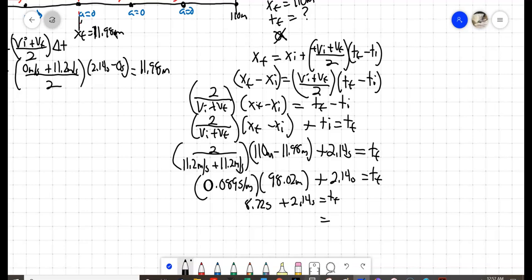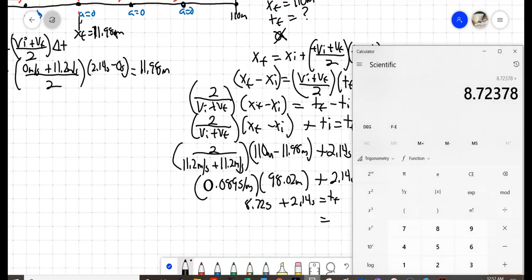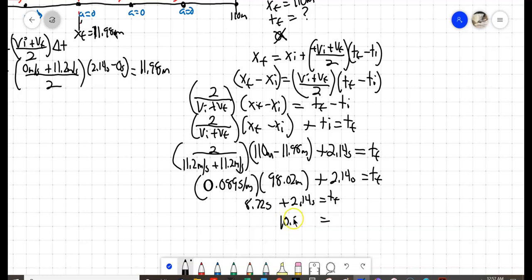And let's see what we got, which will be 10.86. So it looks like this sprinter is going to take 10.86 seconds to finish the race.